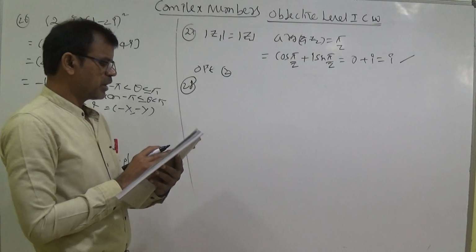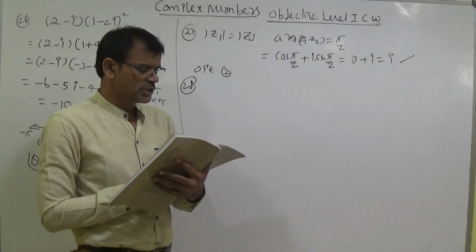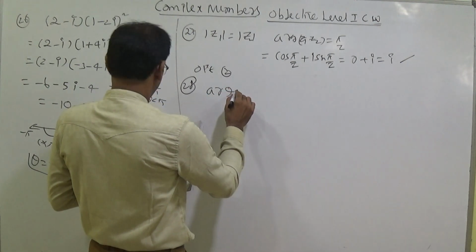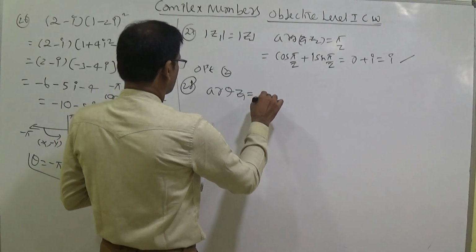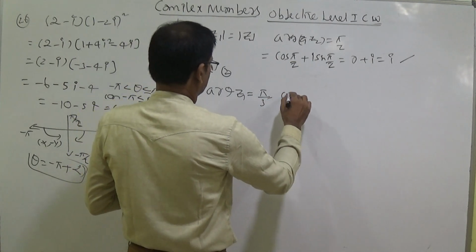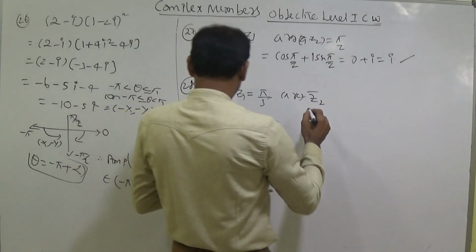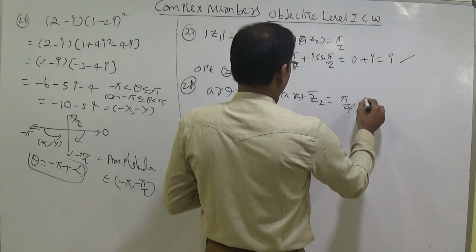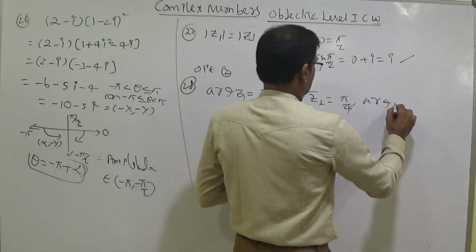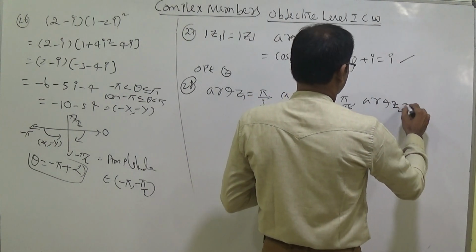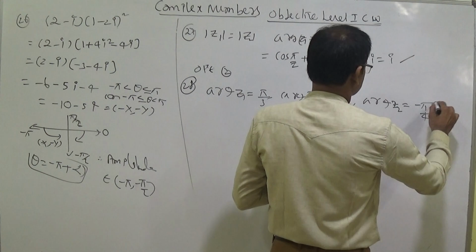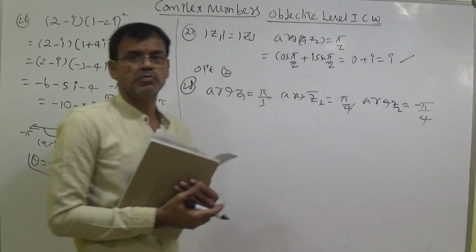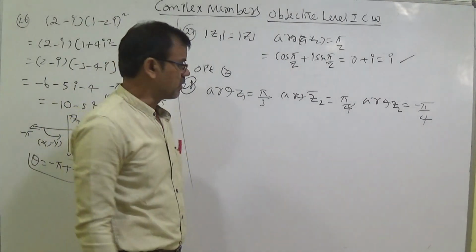28th one. If pi by 3 and pi by 4 are the arguments of Z1 and Z2 bar, what is the value of argument of Z1 into Z2? Argument Z1 is given as pi by 3, and argument Z2 bar is given as pi by 4. So argument Z2 is minus pi by 4, since for a conjugate and the general complex number the argument is in the opposite direction.